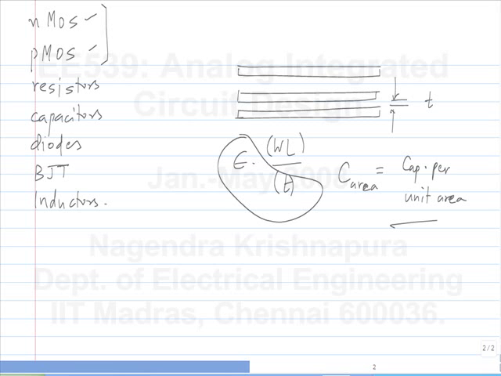What do you think is the value of capacitor that you can realize on a chip? Picofarads. Actually you can have a little more than that. If you look at 0.18 micron technology, you will have capacitors of the order of 1 femtofarad per micron square.